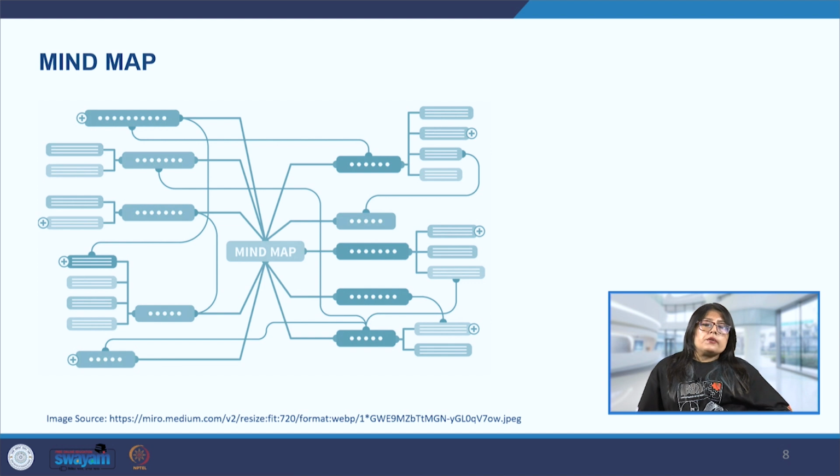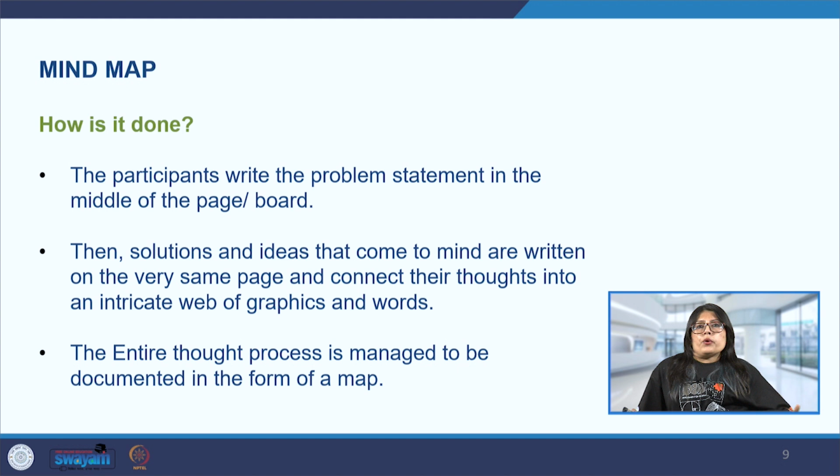So this is a visual thinking tool because we can see it visually in front of us, and it also enhances the creativity of the designer by letting them explore the ideas in free form. So we can see how even more branches can be created if we have a problem at hand. This allows the designer to come up with all the other related issues that may be there with the product. So now, how is it done?